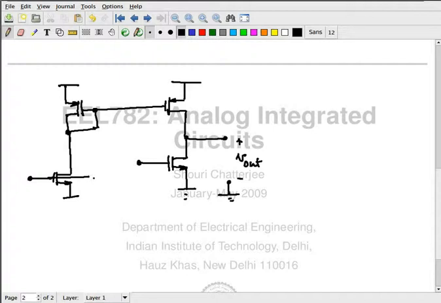It's a little complicated here. Something like this. Okay, so you apply any voltage at the gate of the bottommost device. It creates a current through this, and that current is reflected through this. Same size.